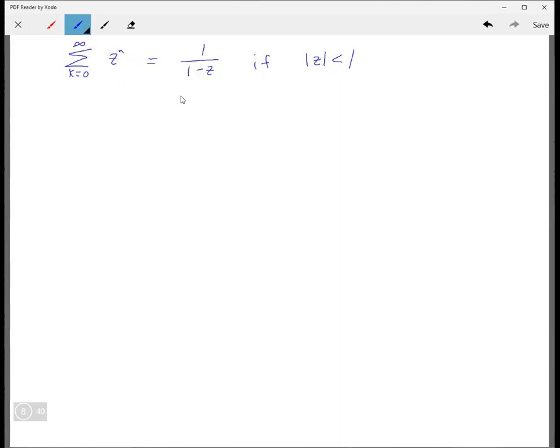But this carries over to complex numbers. And it's kind of interesting because modulus of z less than 1 is this disk right here of radius 1. So this is a really important series. It's the basis of the power series, which is what we're going to be looking at in this section.